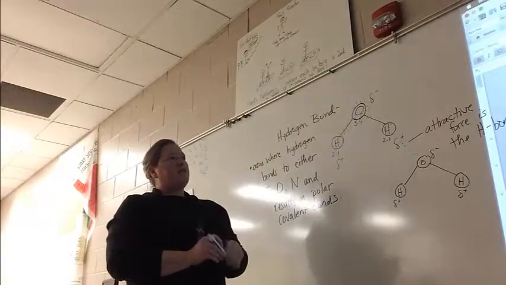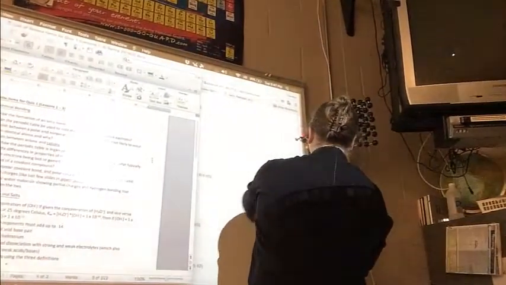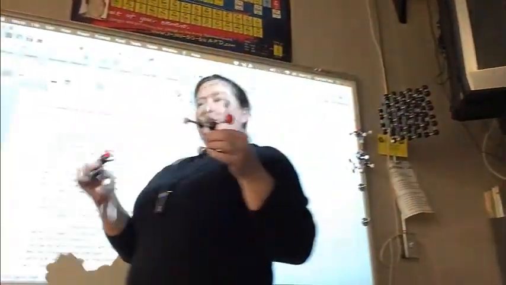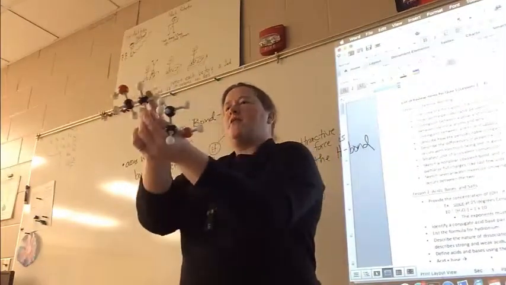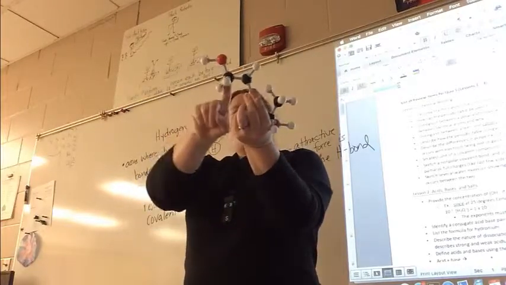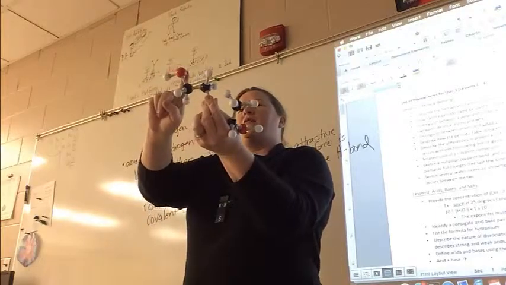It can occur between other molecules too. I'll show you an example. One of the units that we're going to learn about soon is the alcohols. So this is a carbon chain, and carbon is always black, and then the red is oxygen.